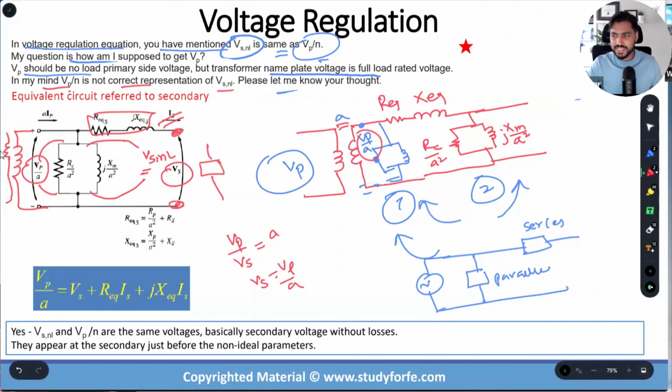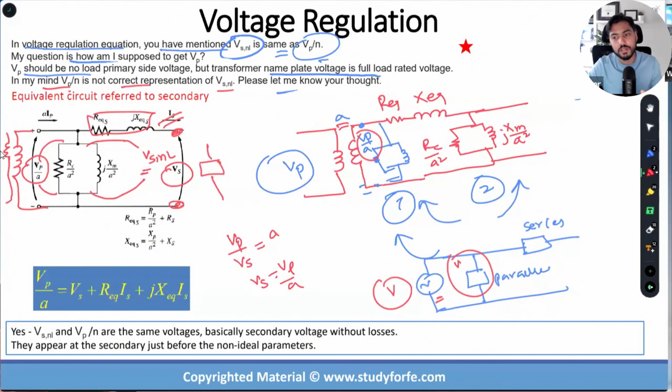Now, there's no such thing as exact because these are still approximations. The exact arrangement would show you the series components first and then the parallel after that. But by bringing the parallel ahead of the series, this voltage, let's call it V, is applied directly across the parallel component.